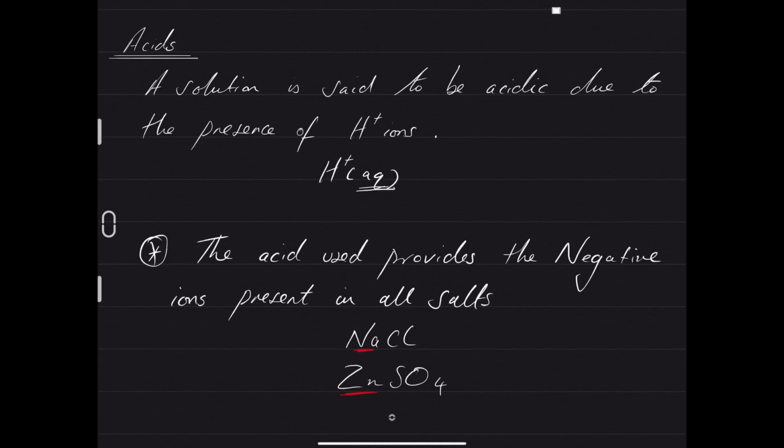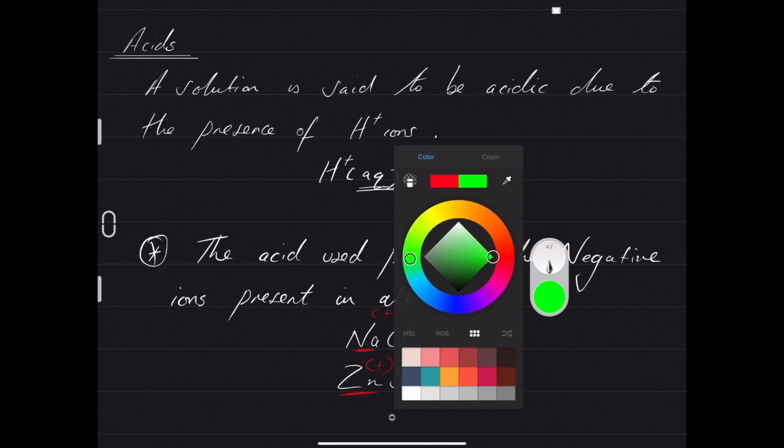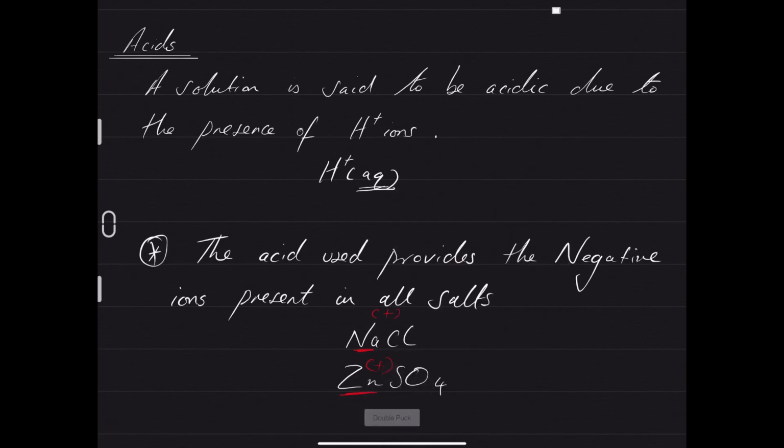In these compounds, so in NaCl, these metals would be positive. So these would have the corresponding positive charges here. Now the chlorine would be negative, and the sulfate ion would also be negative.